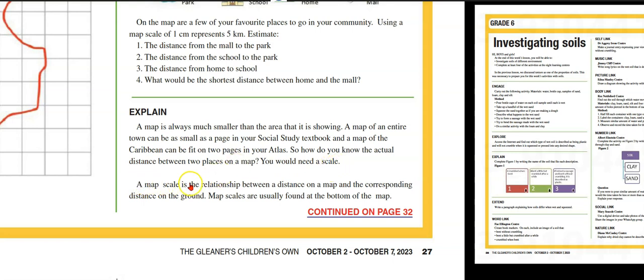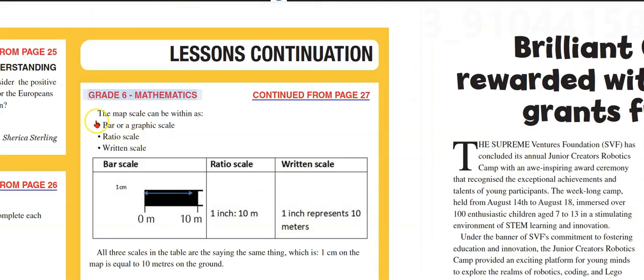A map scale is the relationship between a distance on the map and the corresponding distance on the ground or in the real world. Map scales are usually found at the bottom of the map. It says the map scale can be written as a bar or graphic scale, a ratio, or a written scale.